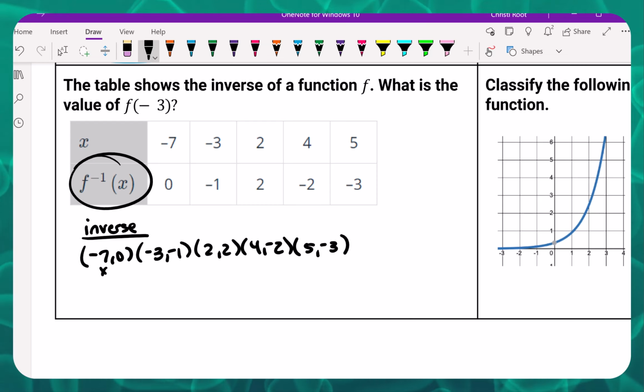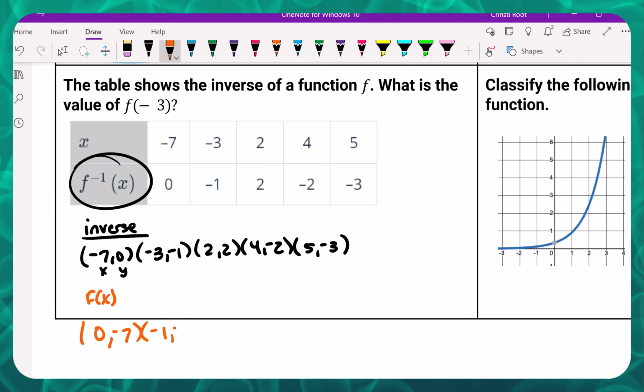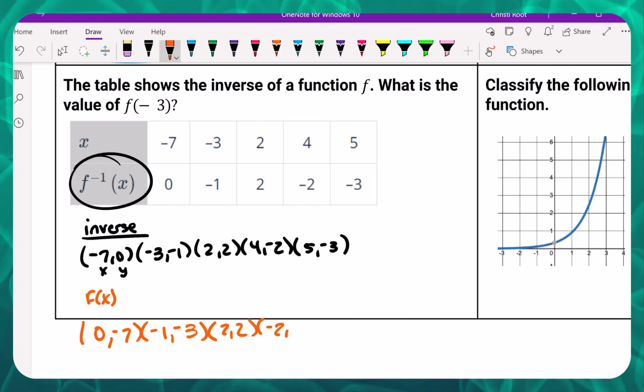This is your x, this is your y. So if they want to find f of -3, let's go ahead and flip it around and figure out the original one. So that's going to be 0, -7; -1, -3; 2, 2, no changes there; -2, 4; -3, 5.